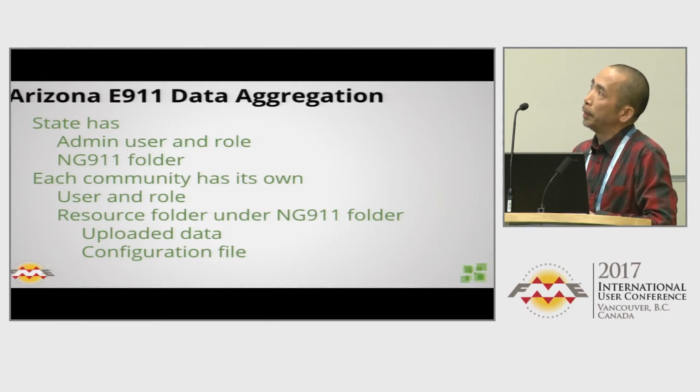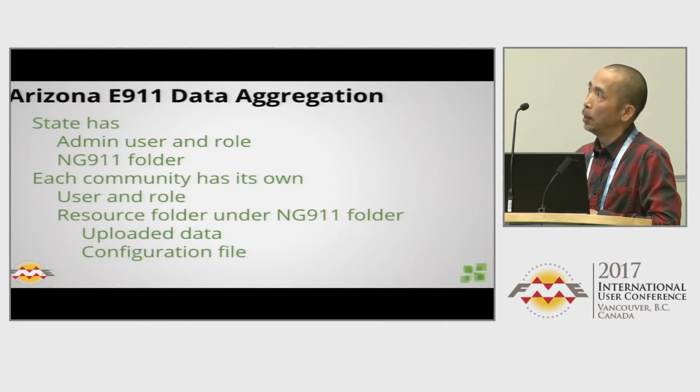So we have made such a design: at the state level, we will have an admin user and role, and also an NG911 folder. Each community will have its own user and roles. In addition, we will have a resource folder under the 911 folder to hold the updated data and configuration files.